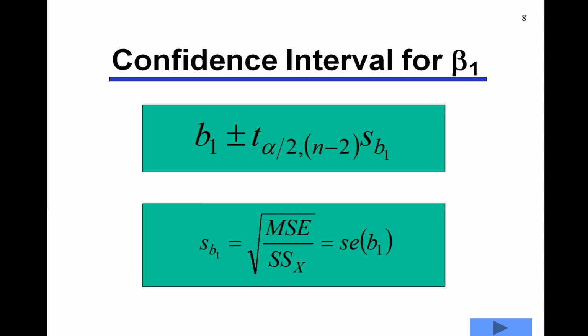One of the first things we see is that we can, as we did in our statistics course, construct a confidence interval estimate for beta 1 using its point estimate, that is B1, plus or minus some stuff, and the stuff has to do with the level of confidence that we're interested in attaining and the variability of our estimator B1, that is the standard deviation of B1. And we can compute that standard deviation as the square root of mean squared error over the sum of squares associated with the x variable. We denote it the standard error of beta 1.